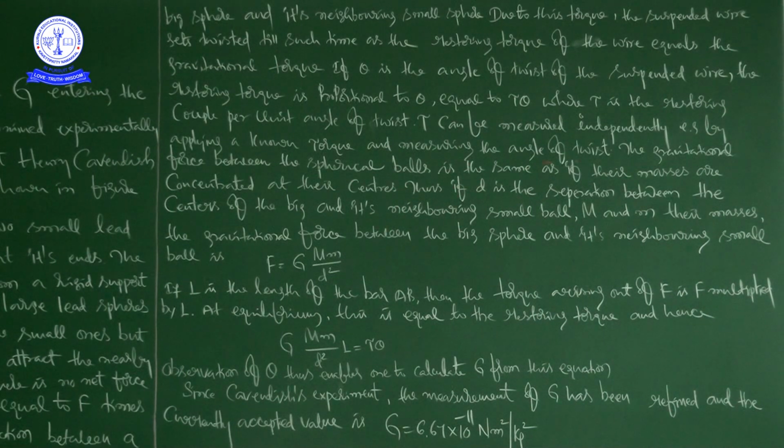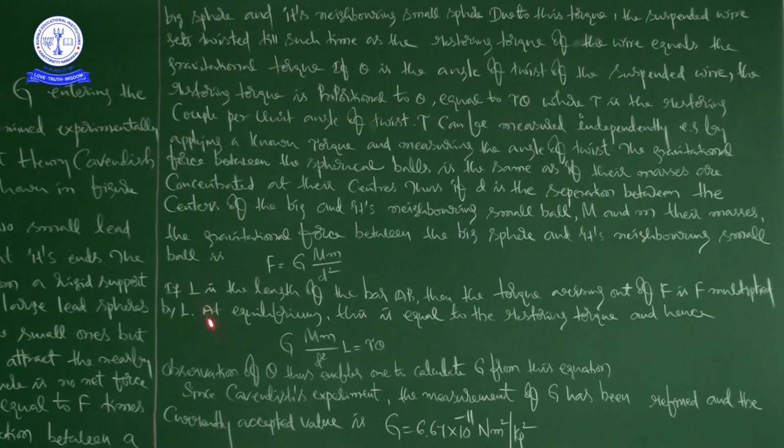Thus, if d is the separation between the centers of the big and its neighboring small ball, capital M and small m their masses, the gravitational force between the big sphere and its neighboring small ball is F equal to G into M m by d square.